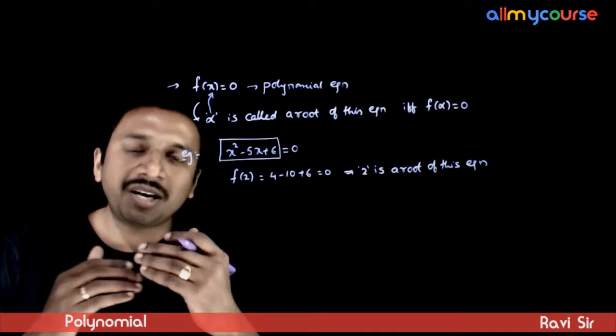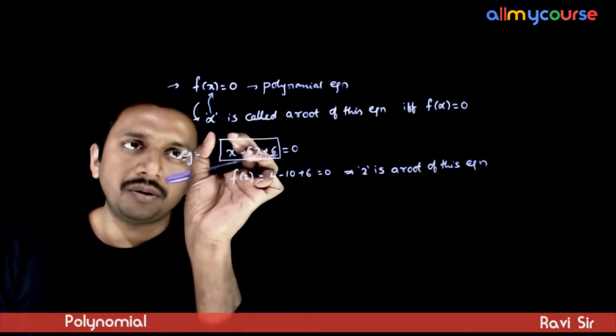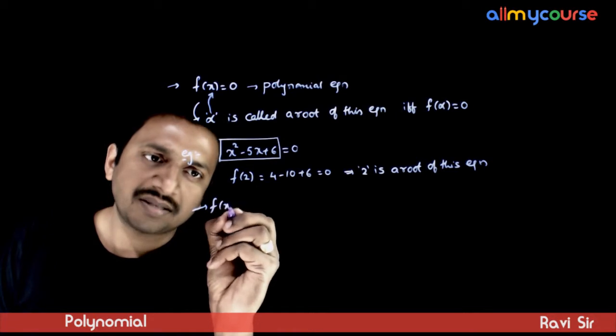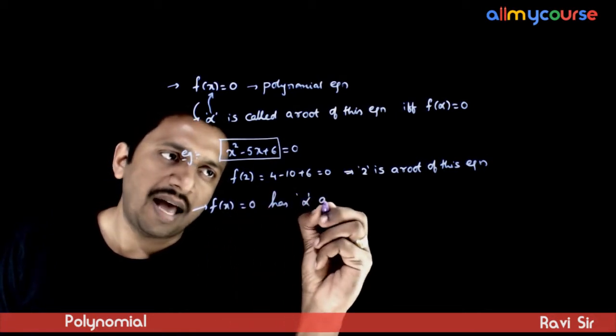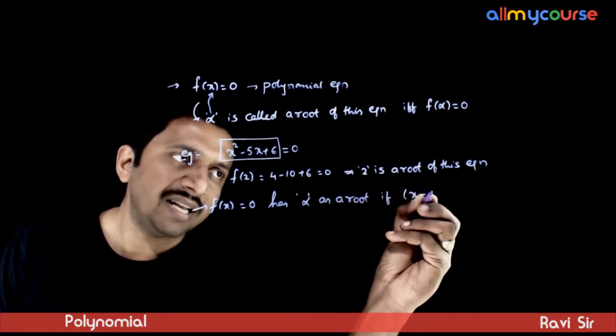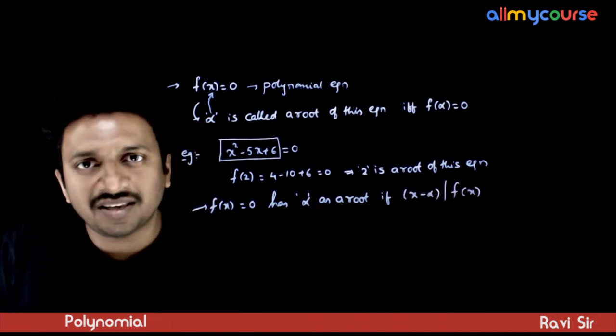So what is another interpretation of the root? So f of x is equal to 0 has alpha as a root if x minus alpha divides f of x. Can I say this?